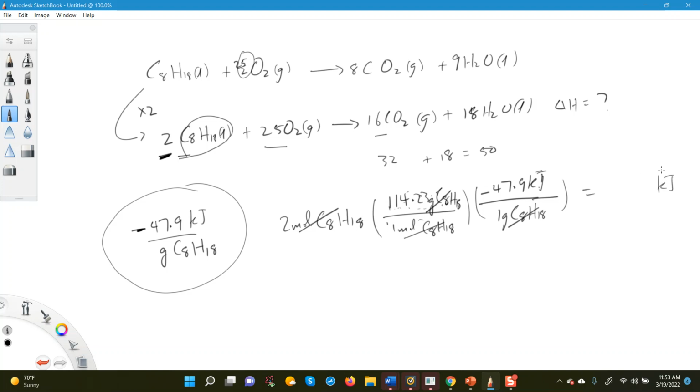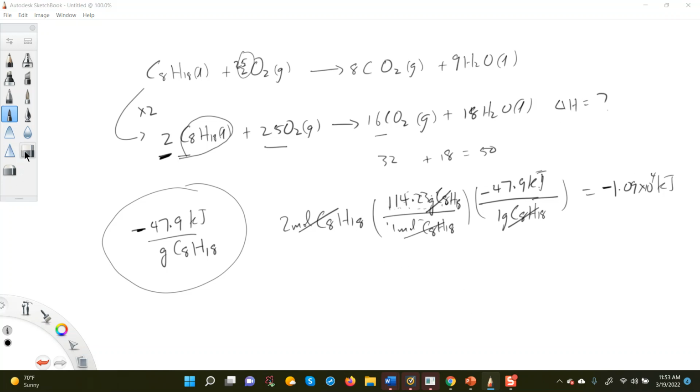All right, so therefore, let me do the number crunching here. 2 times 114.23 times minus 47.9. And we have to round this off to 3 sig figs. So according to my calculation, this works out to be equal to minus 1.09 times 10 to the 4 kilojoules. So basically the delta H value here, let me erase this here.